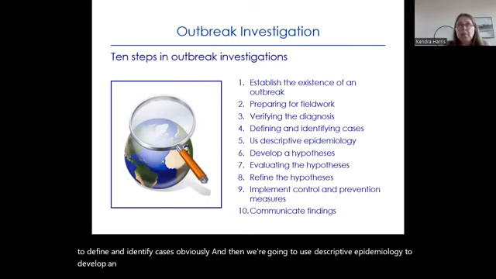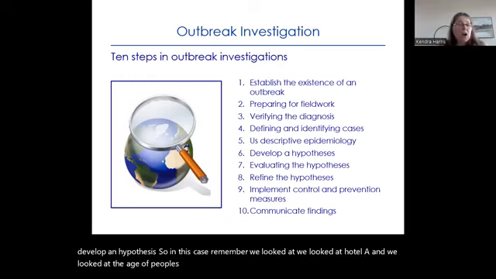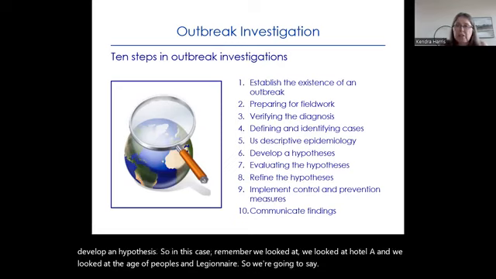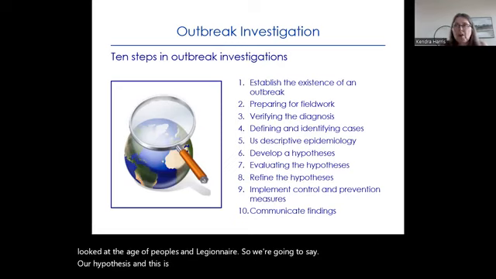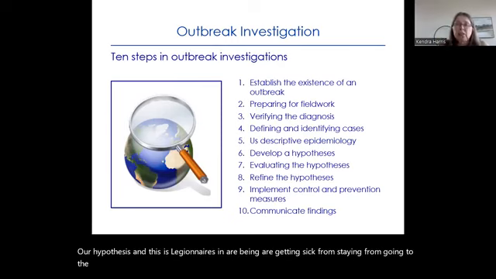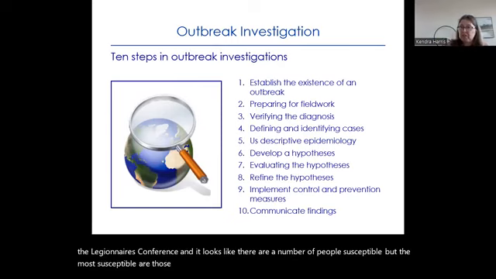In this case, remember we looked at Hotel A and we looked at the age of people and Legionnaires. So our hypothesis is that people are getting sick from going to the Legionnaires conference. It looks like there are a number of people susceptible, but the most susceptible are those over 70. Okay, so that's a hypothesis. And then we have to evaluate it.